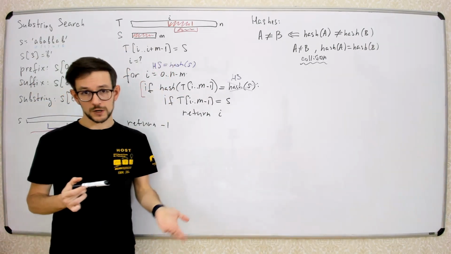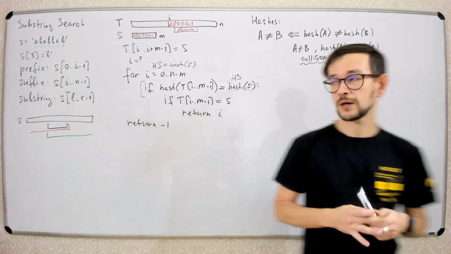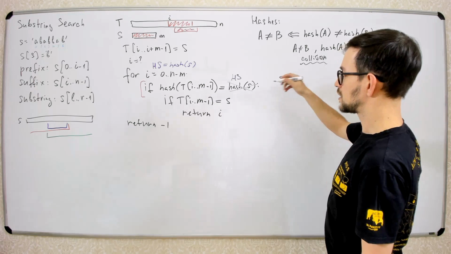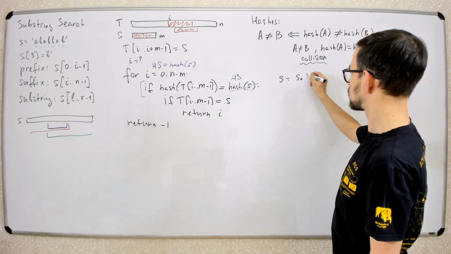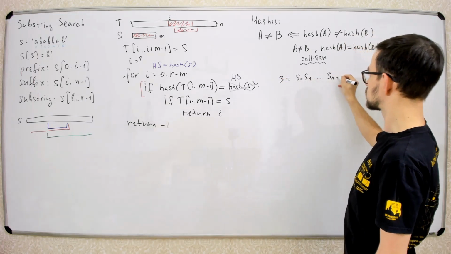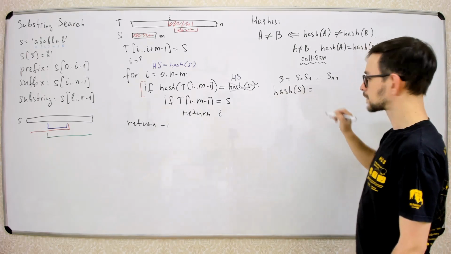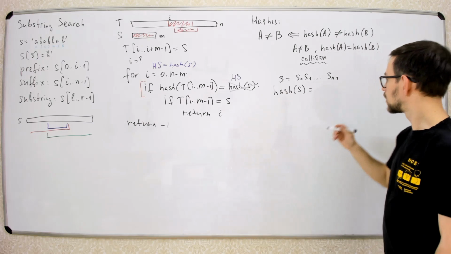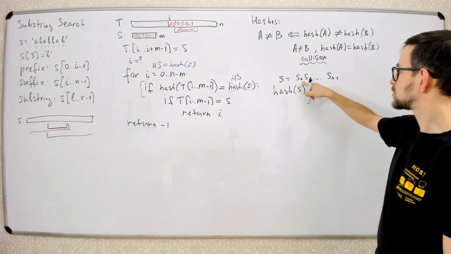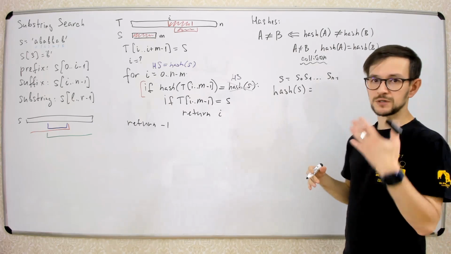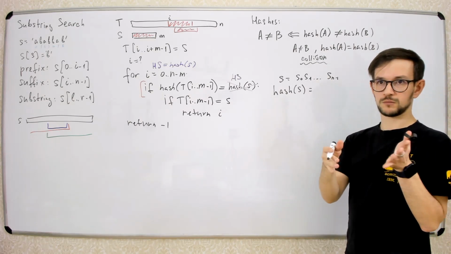We'll use a polynomial hash function. A polynomial hash function is a very simple thing. If you take some string, which consists of some characters, S0, S1, and so on, Sn minus 1, then the hash of this string will be just some polynomial. Each character can be specified as some number, right?